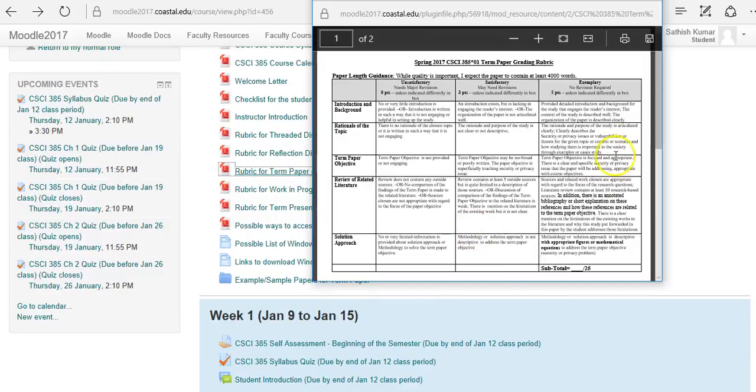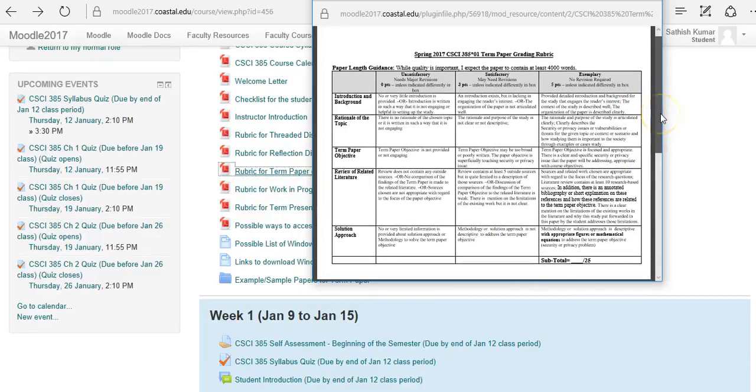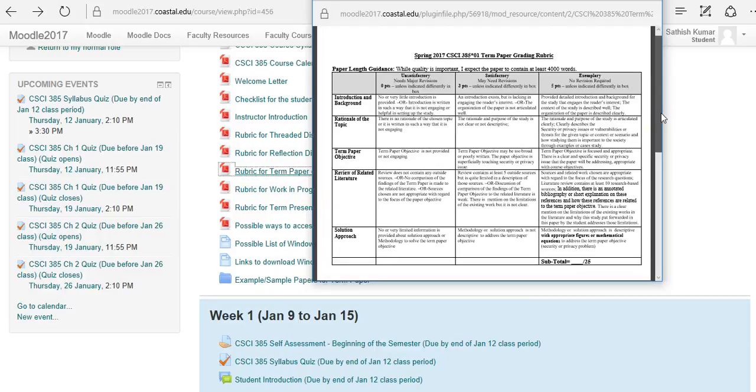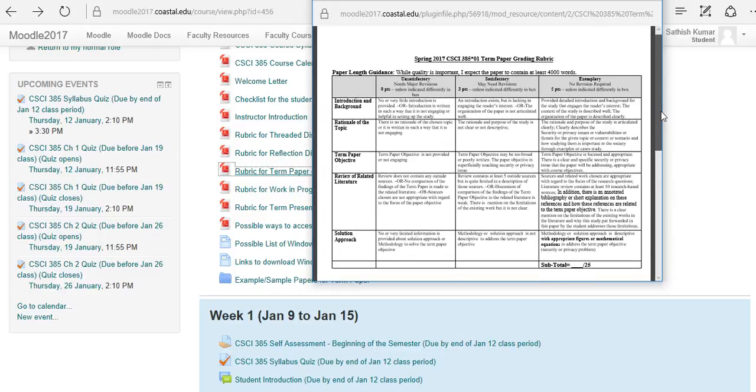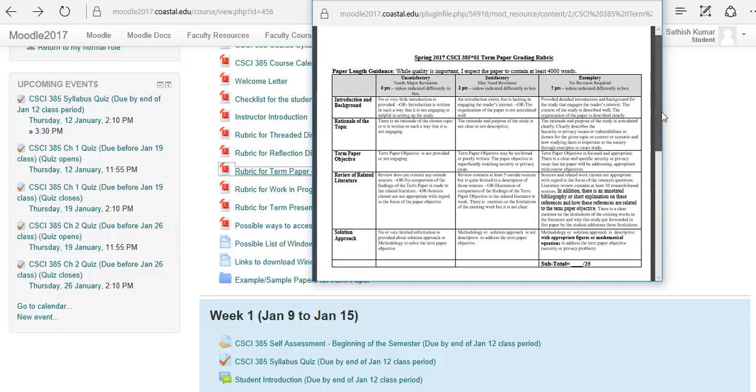With respect to the term paper, I will be expecting at least 4,000 words. You should have a good introduction and background. Why did you choose the topic? What are you intellectually contributing through that topic to the literature, and what exactly is the objective of the paper?